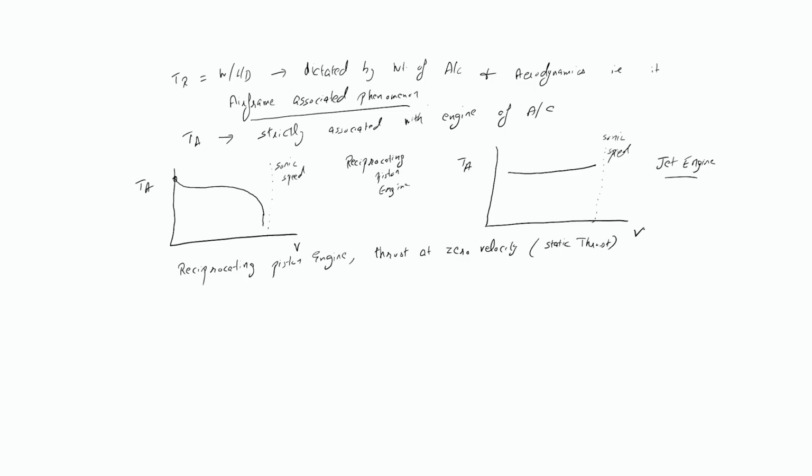Thrust at zero velocity is maximum and decreases with the forward velocity.